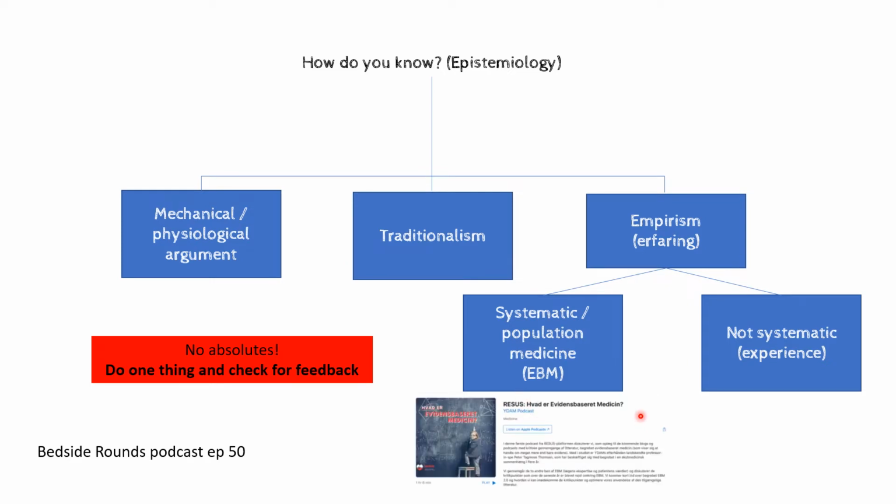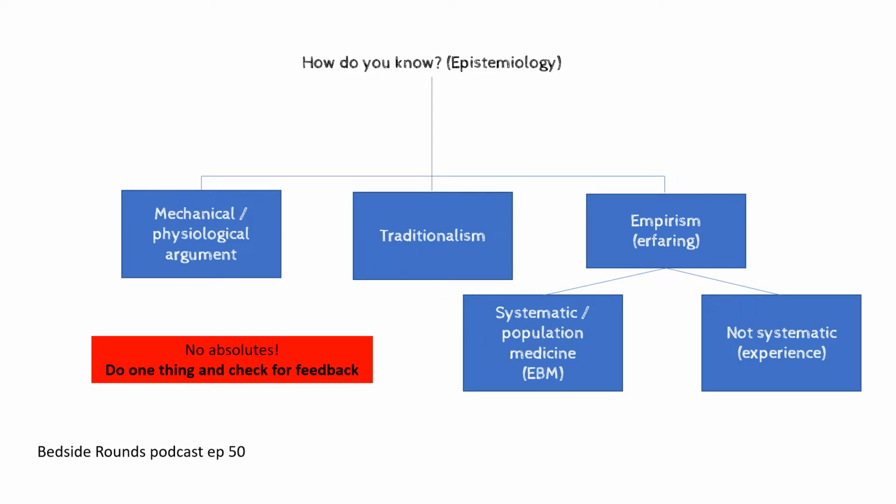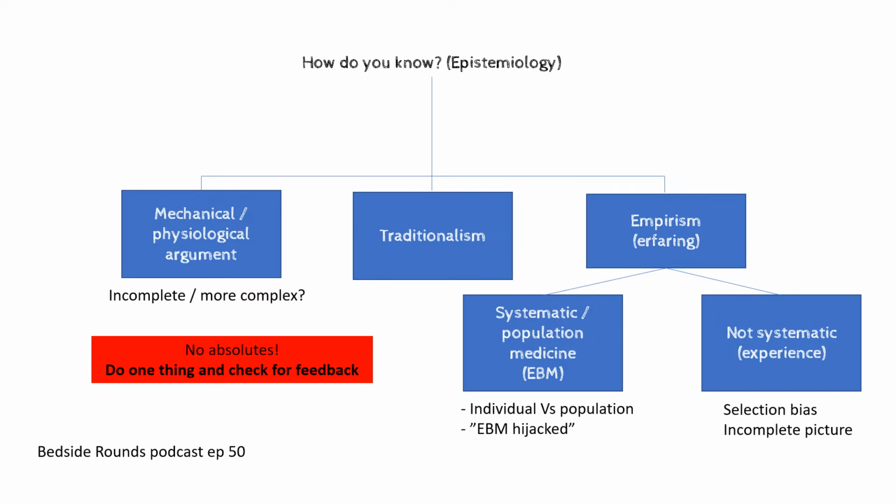We made a podcast about the problems with evidence-based medicine. I just went through the mechanical physiological argument, and all these arguments can have problems with them. We know that our own experience is biased by selection bias. We only see a certain group of patients, and we usually see an incomplete picture.